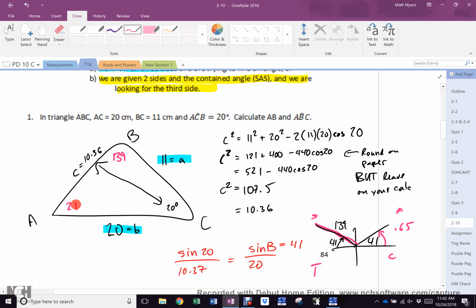And that does make sense because the biggest side is across from the biggest angle. So you have to be aware of what you are actually doing, not just hammering on your calculator like a trained monkey. Do you all understand?